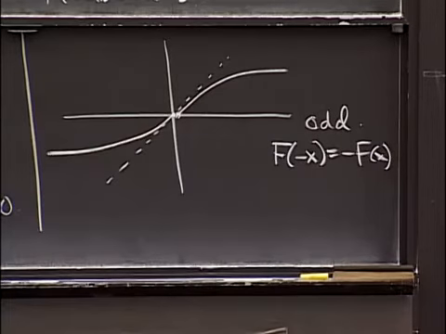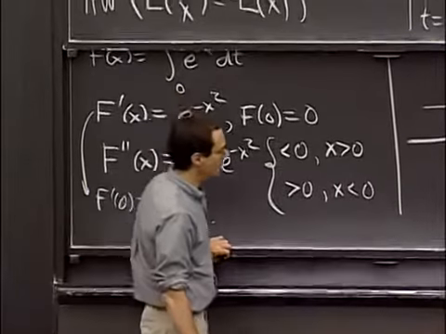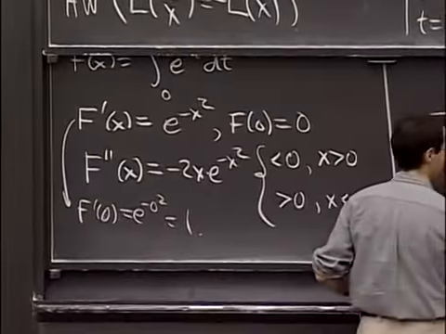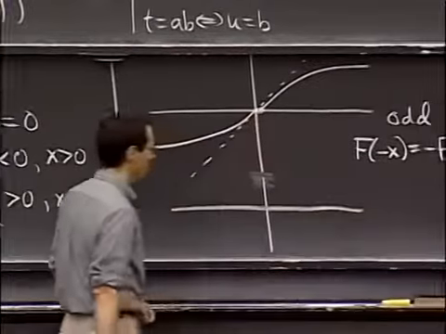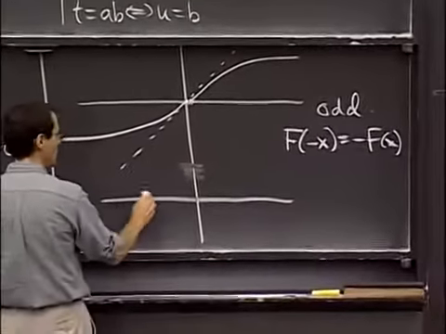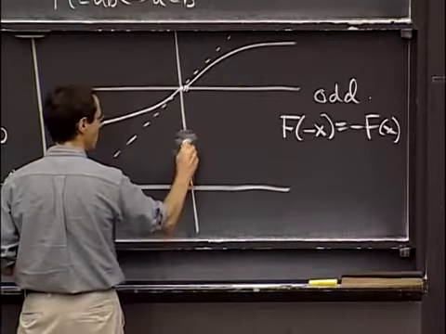That's what's known as an odd function. The reason why it's odd is that it's the antiderivative of something that's even. This function in here is even, and we nailed it down so that it was 0 at 0. Another way of interpreting that, and let me show it to you underneath, is the following. When we look at its derivative, of course, it's the function e to the minus x squared.